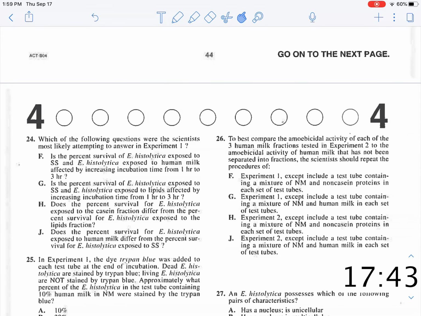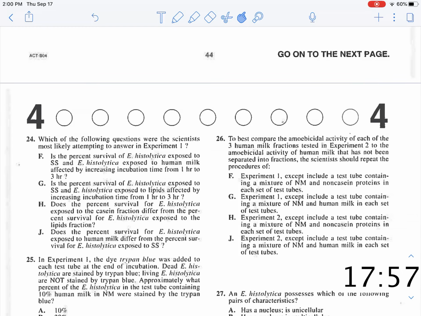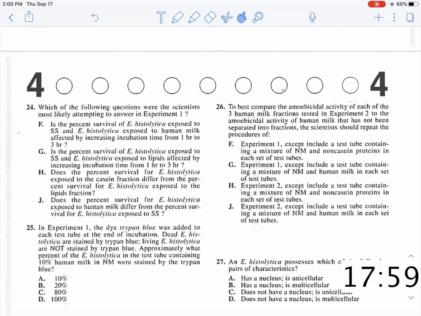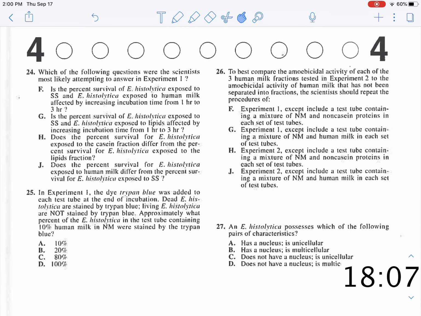Okay, which of the following questions were they attempting to answer? Is the percent survival exposed to SS affected? No. Is the percent... I think it's J. The percent survival for the amoeba exposed to human milk different than, yeah, that'd be J. For 24. And this is annoying.